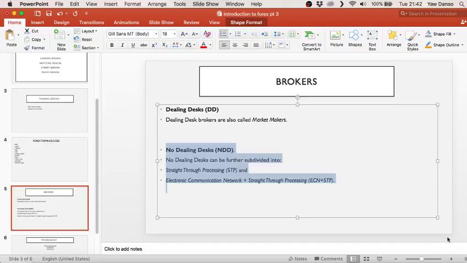Spread is the difference between what the banks are charging and what they are providing for you.